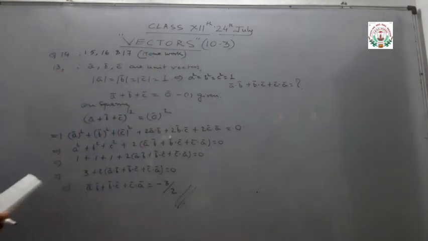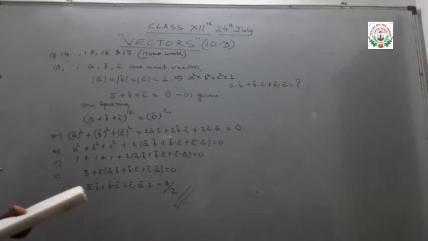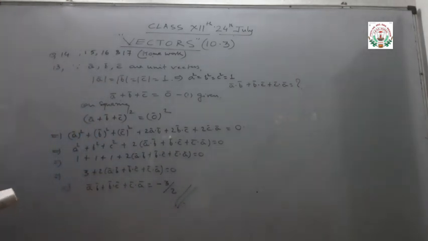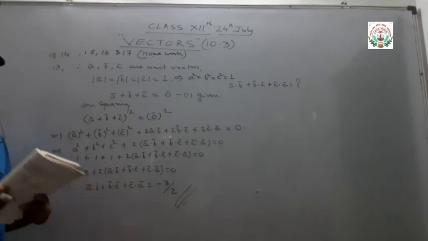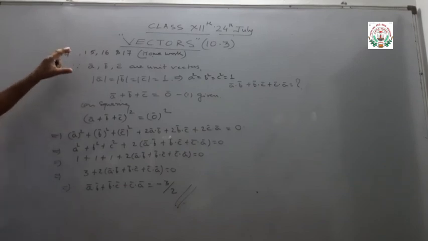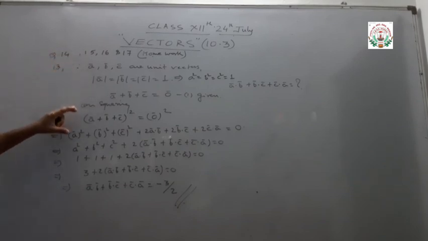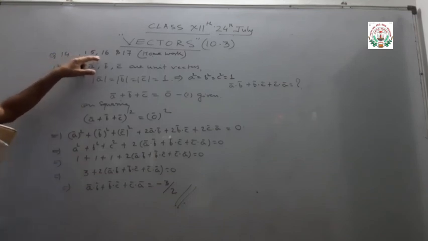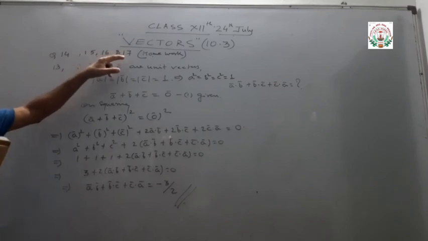So try to finish up these questions, and in the next class I will discuss the vector product or cross product of 2 vectors. So whatever questions I have solved and whatever concepts or formulas I am giving you, everything you have to note down in your fair notebook and try to finish the homework, question number 14, 15, 16 and 17 as soon as possible.